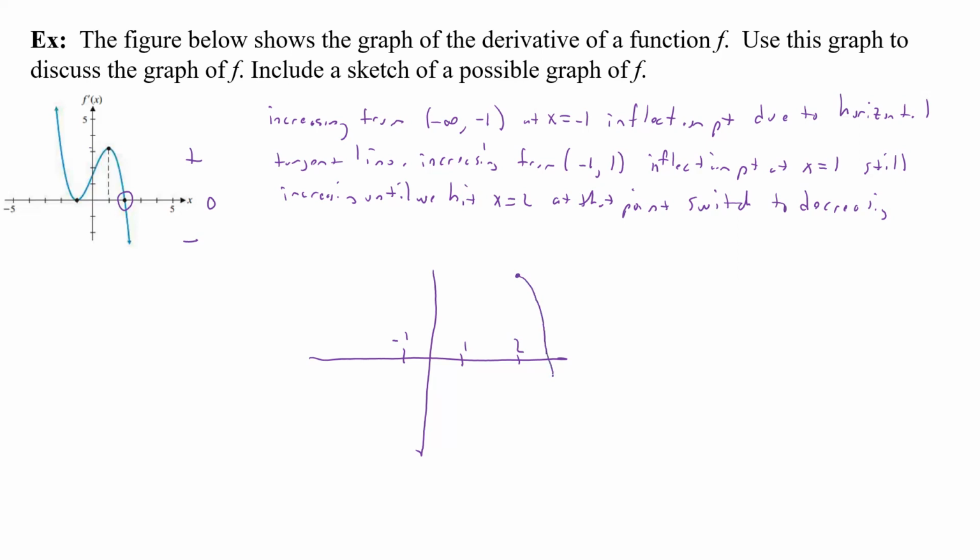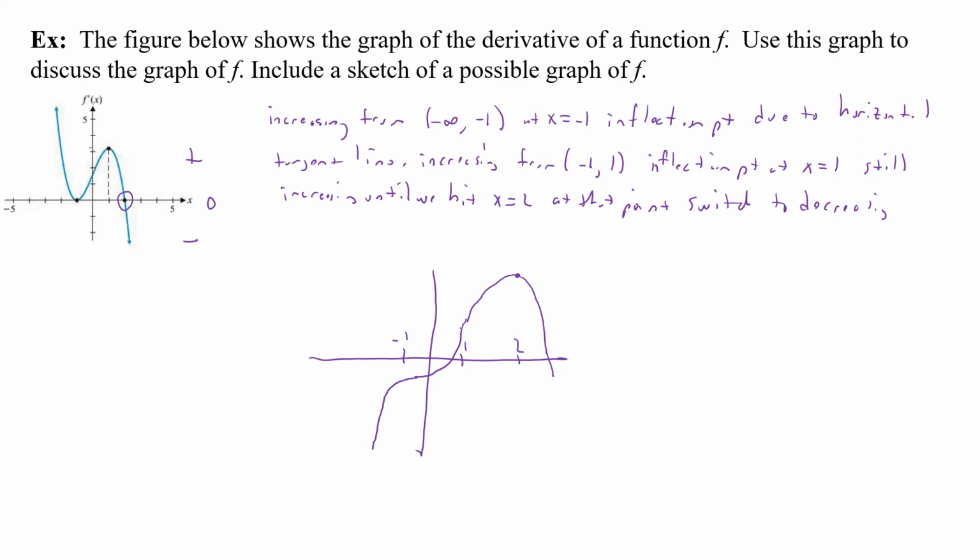And again, that's all I know. But up till here, and then at this point, we're coming down. We have an inflection point here. So we're going to go from concave down, and now we're going to go to concave up. But then at the -1, we've switched, and we must go back down to concave down again.